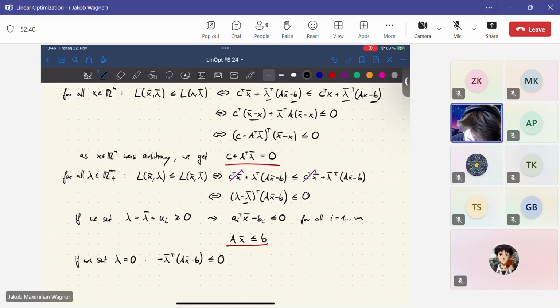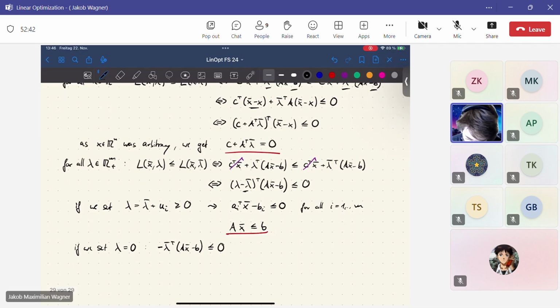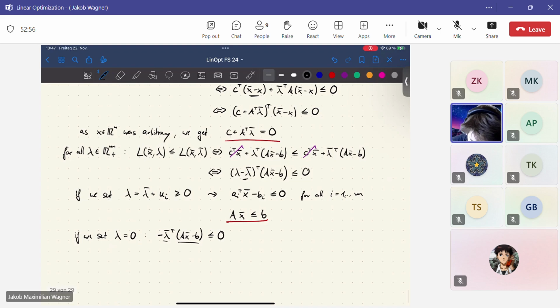Yeah, we're actually almost done. So the only condition for the KKT conditions left is the complementarity condition. And there we have that this product of lambda bar and (A x bar minus b) is equal to 0. But we actually have this already, because the minus lambda bar transpose (A x bar minus b) is something that's less or equal than 0. We also have that A x bar minus b is less or equal than 0.